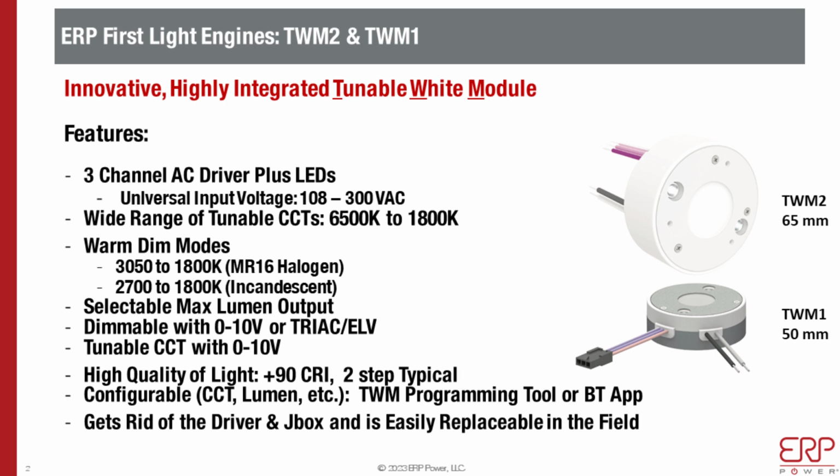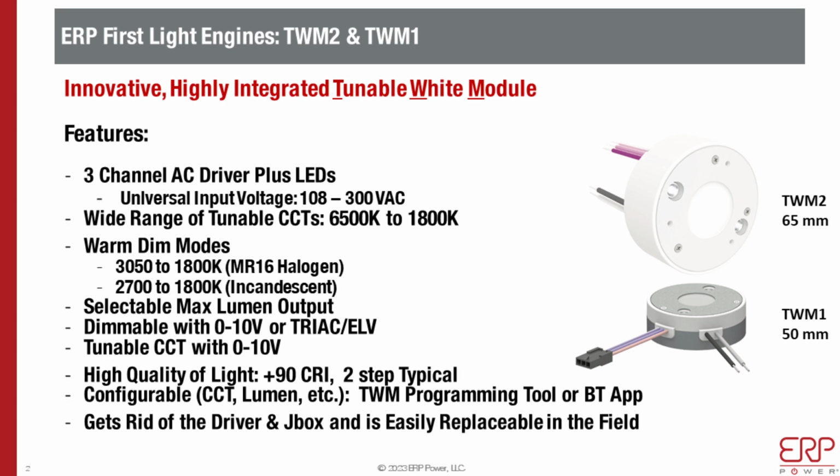Also, these are dimmable with 0 to 10, triac, ELV, and even the color module, we use DMX. And these are tunable CCTs with 0 to 10. So you can use external dimmers. For CCT dimming, you'd be using 0 to 10. And for intensity, you could use triac, ELV, or 0 to 10.